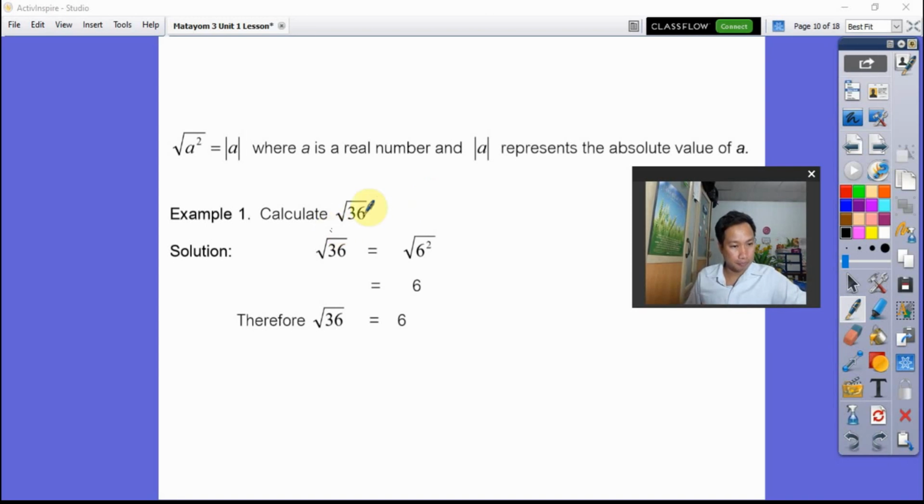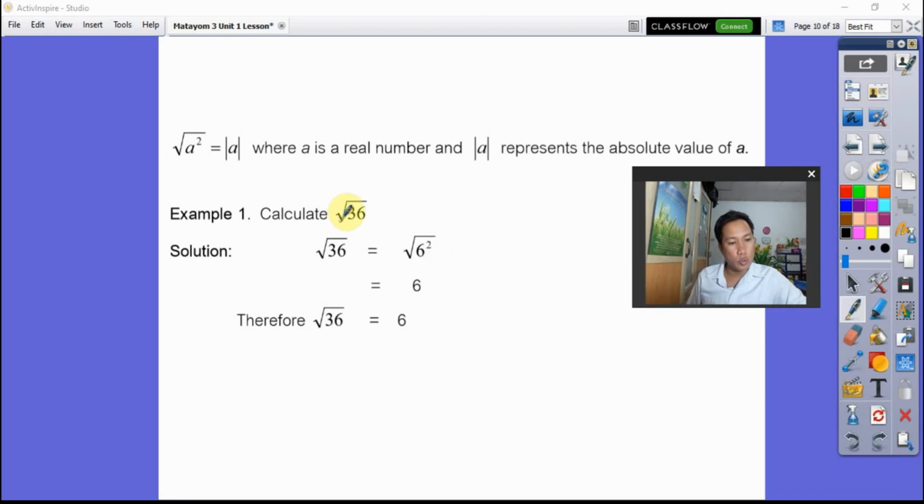Now we will simplify that lesson: if you have a root and a square, you cancel them out together. I know you learned this already in M2. So what we do is review this lesson so that we can apply this to our next lesson.